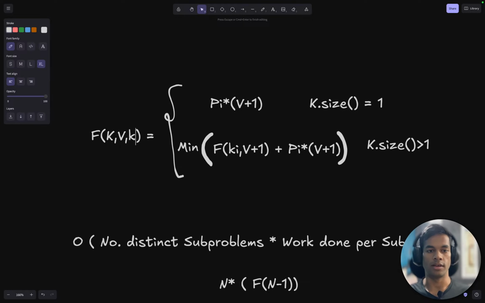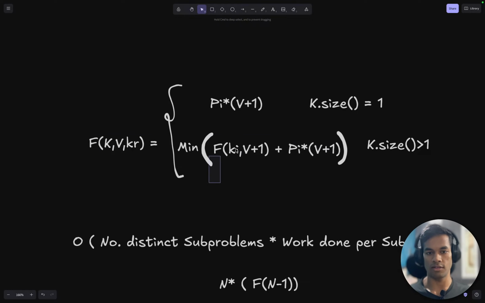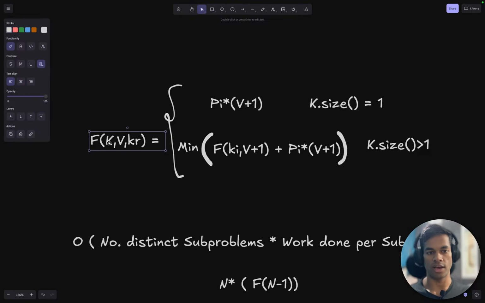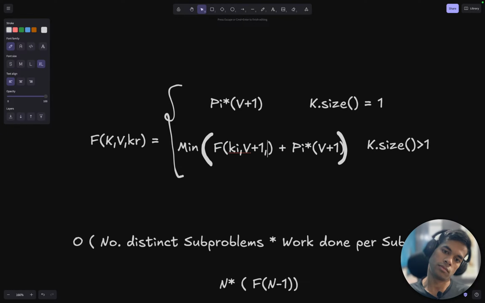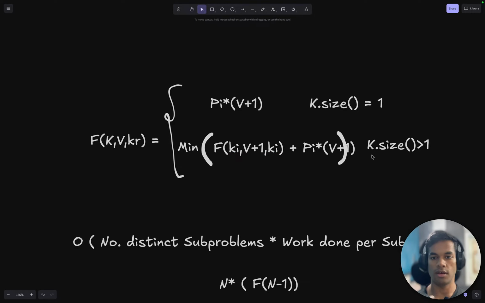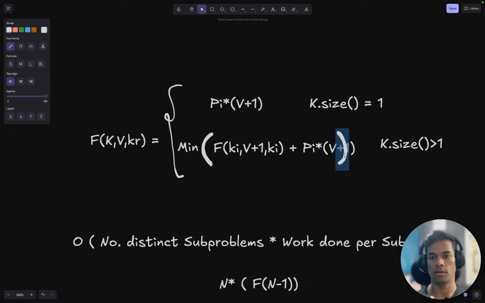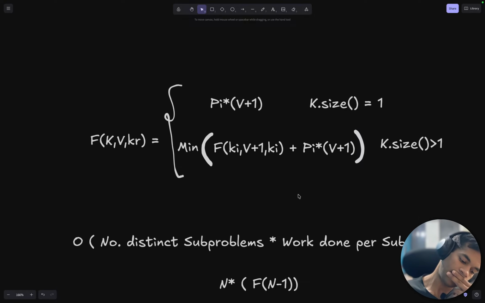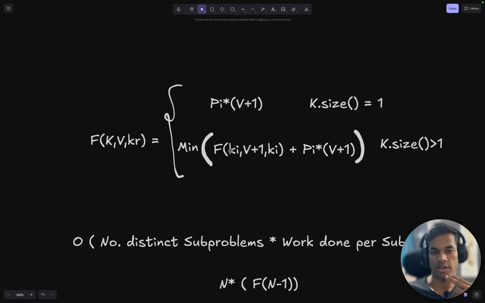Let's call it key R, the root key for this particular subtree, which has k nodes. So when we call this function again, this is going to depend on something. When we choose ki as our next, no, this subset is going to change.